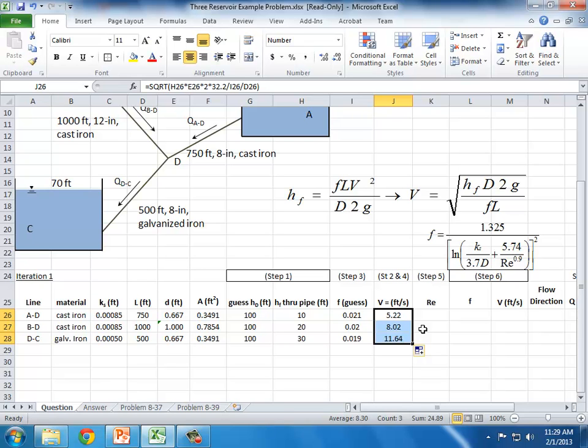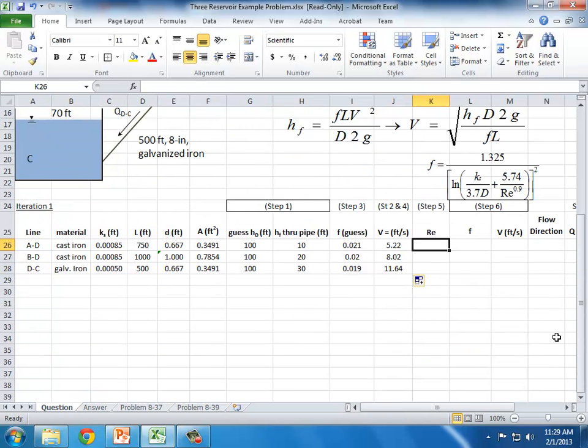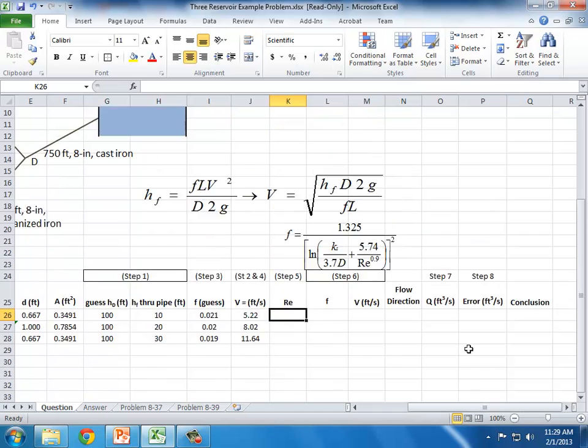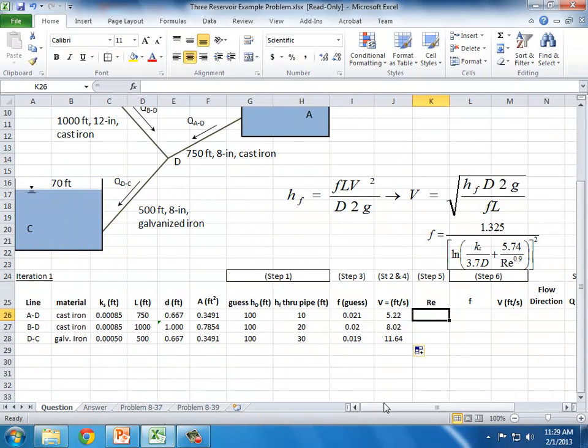All right. So if that's the velocity, now I can find the Reynolds number. Have I got the Reynolds number equation on here? The only thing I need to double check on is the kinematic viscosity of water in these traditional units. The kinematic viscosity of water that we're going to use, let me reference it right here.